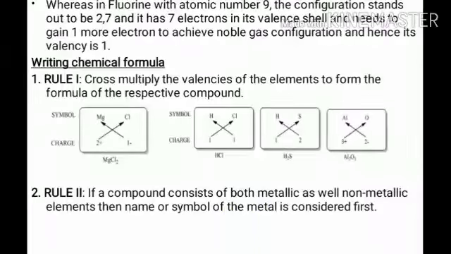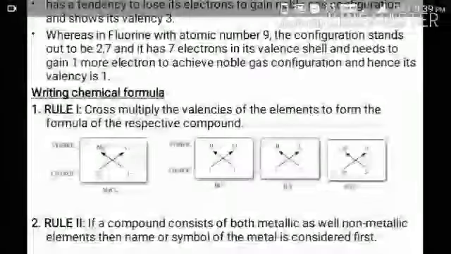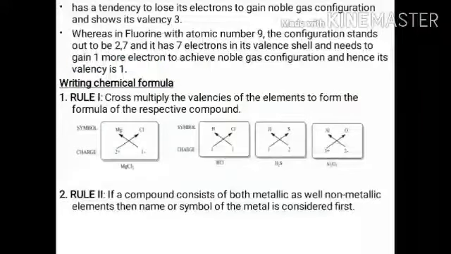Now the next thing is rule number two. According to rule number two, if any compound contains a metal and a non-metal, then first you have to write the name of the metal, then write the name of the non-metal. And how do we write the valency?